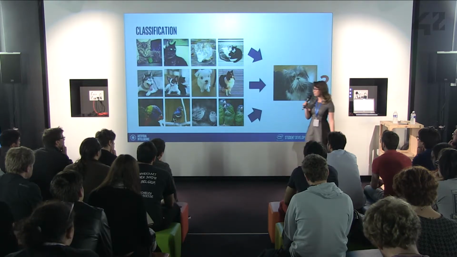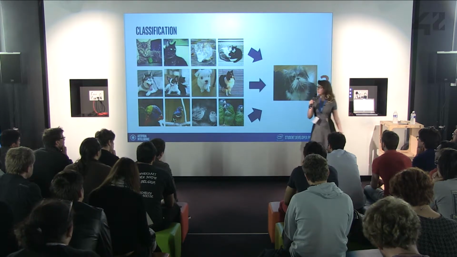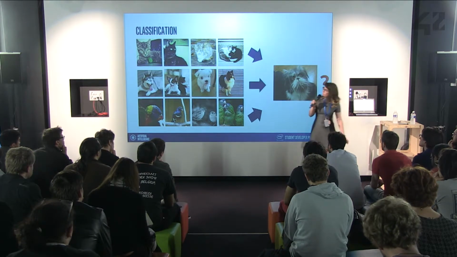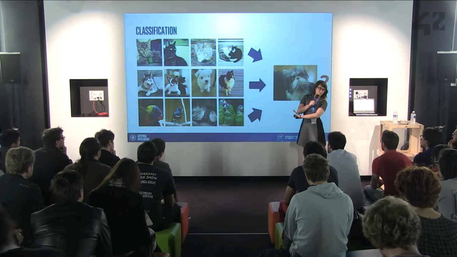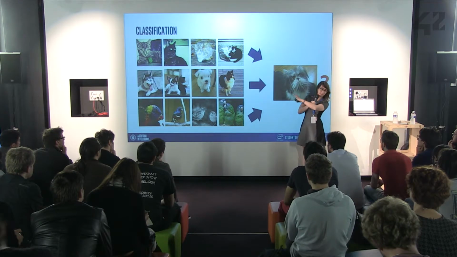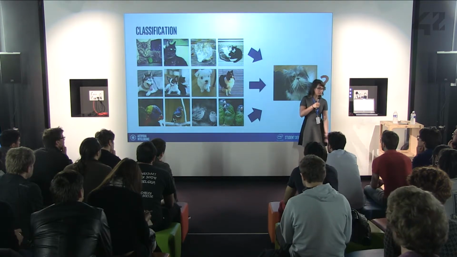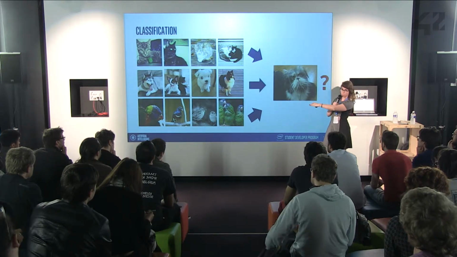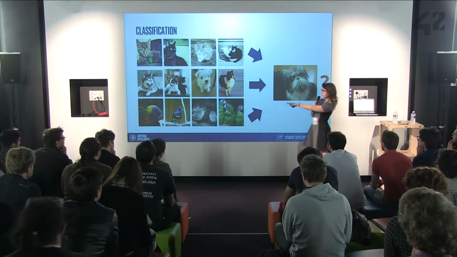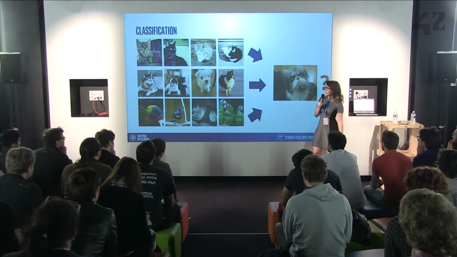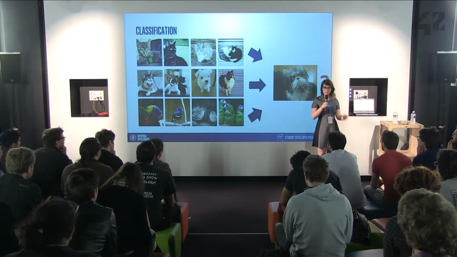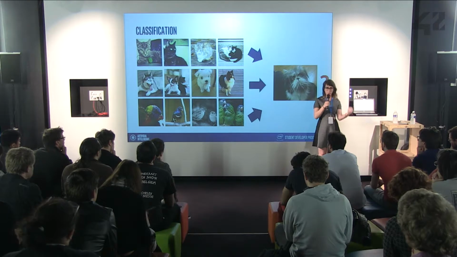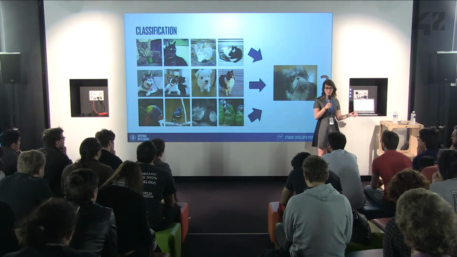This is an example. You give your model all of these pictures. We can all see that at the top there are cats, in the middle there are dogs, and at the bottom there are birds. We know that, and we have to label each picture. This is a bird, this is a dog, this is a cat. We train the model with this information. We keep showing pictures to the model, and we keep telling the model what this is.